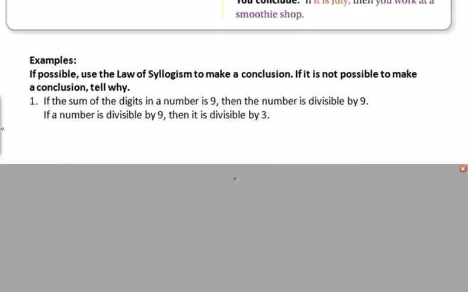It says, if the sum of the digits in a number is 9, then the number is divisible by 9. If a number is divisible by 9, then it is divisible by 3. Okay, so if this is true, the sum of the digits is 9, sorry, then the number is divisible by 9.